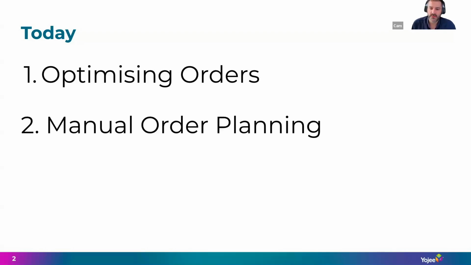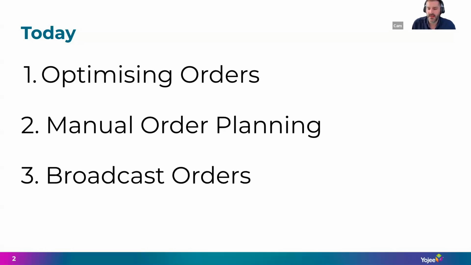Then we'll look at manually planning orders, so how to manually sequence tasks for drivers. And finally, we'll briefly look at broadcast, or how to send available jobs for your drivers to accept. By the end of the training session, we hope you'll understand how to use order optimization, manual plan, and broadcast functions in Yojee to efficiently manage your delivery tasks.